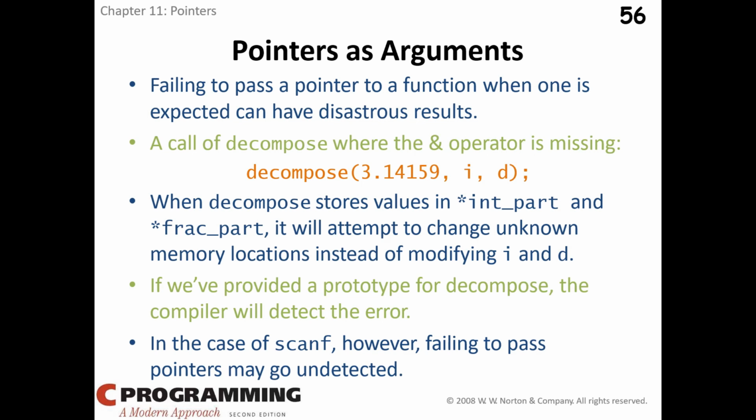As a consequence, when decompose tries to store values through the integer part pointer and fractional part pointer, it will attempt to change unknown memory locations instead of modifying the intended variables i and d.